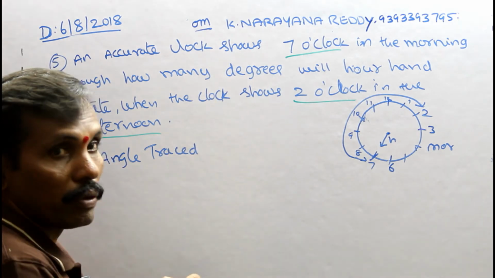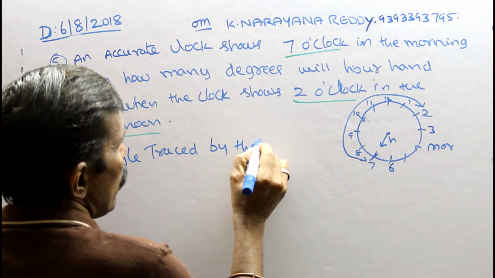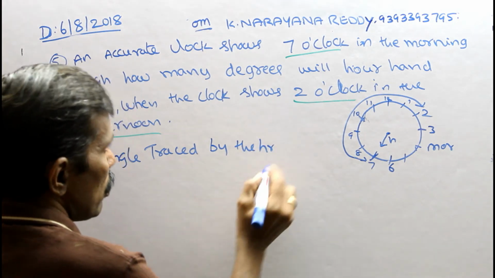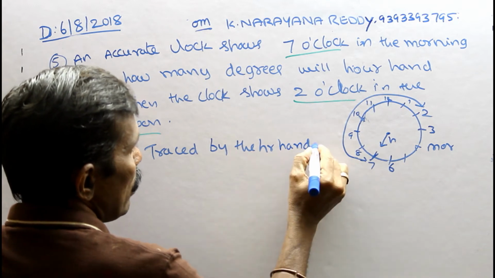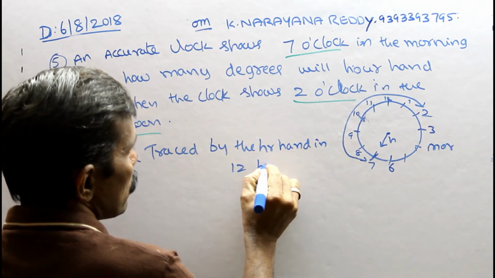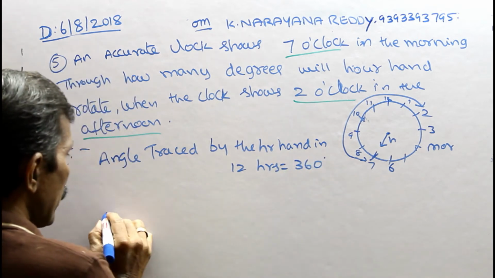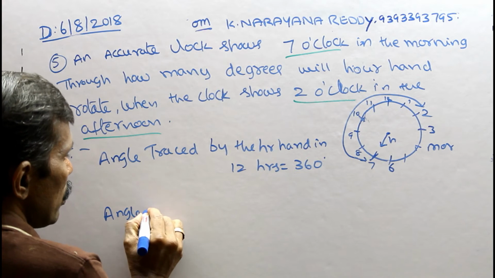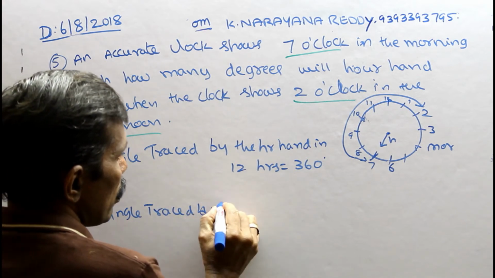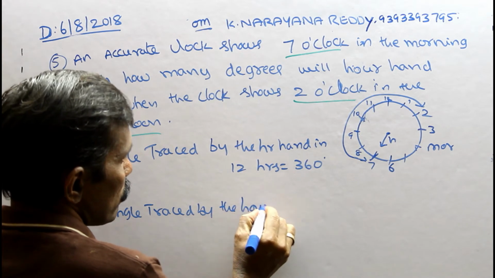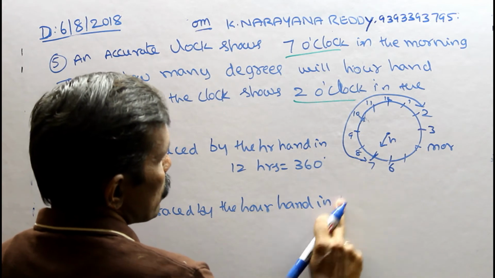It is a very important problem in competitive exams. The angle traced by the hour hand in 12 hours is equal to 360 degrees. You know that. In the same manner, the angle traced by the hour hand in 7 hours.